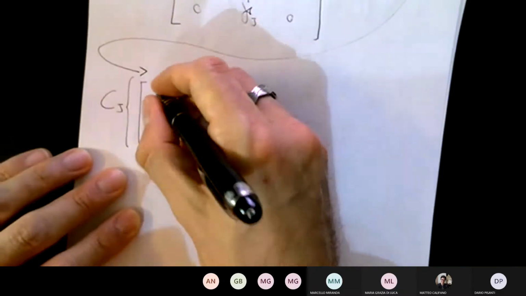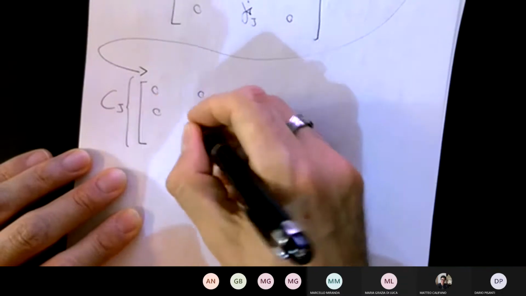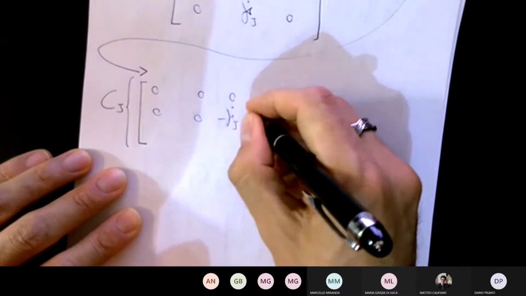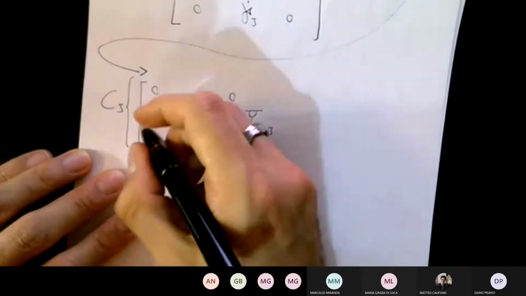Let's see, 0, 0, 0, 0, 0, minus gamma j dot, the moment of inertia about the tangential axis. That's all that's left.